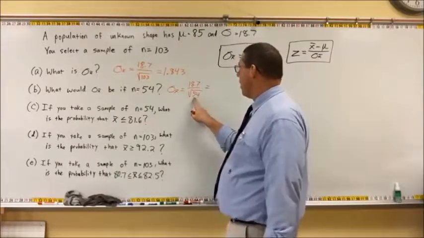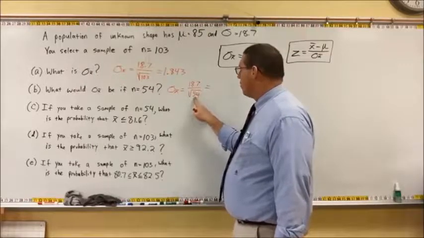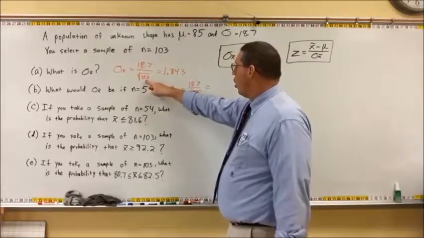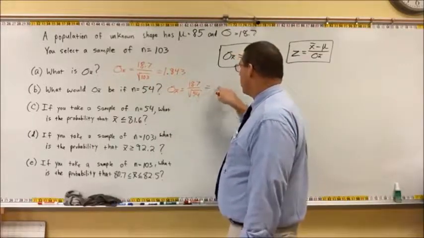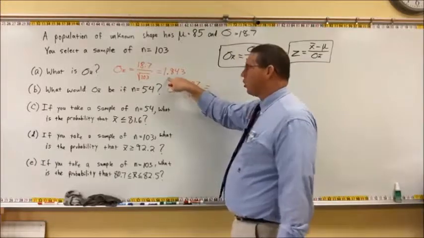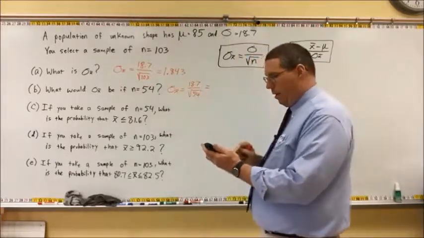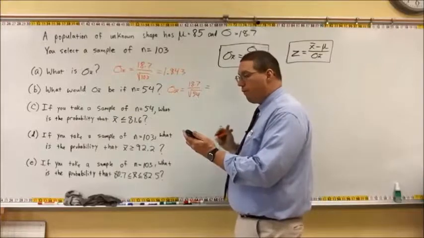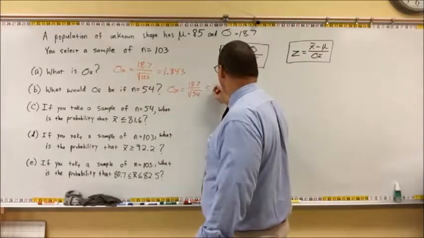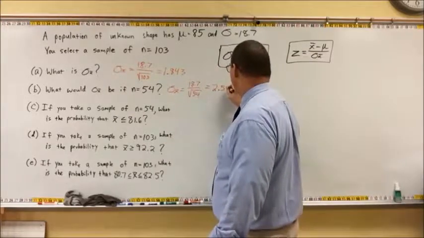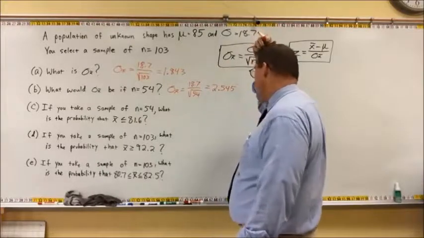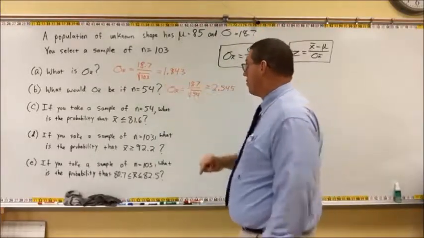Now remember what we said. The smaller the sample size, the larger the standard error. So this should be a larger number than this, right? Okay, and it is 2.545.